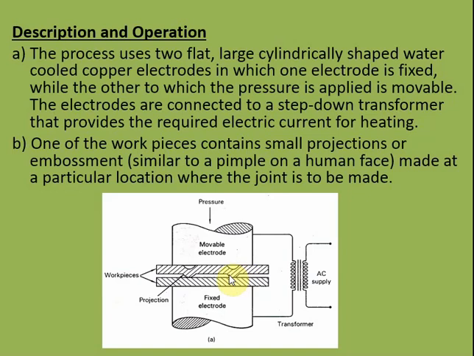This is called embossment. Since the workpiece has projections, the method is called projection welding. This is the only thing we need to remember: the workpiece is made in such a way that one is flat and the other has projections on the interface or mating surface.